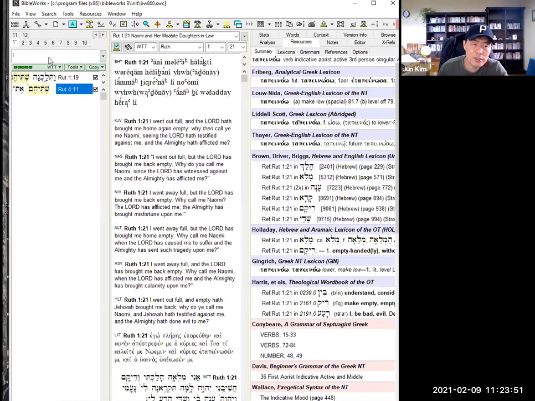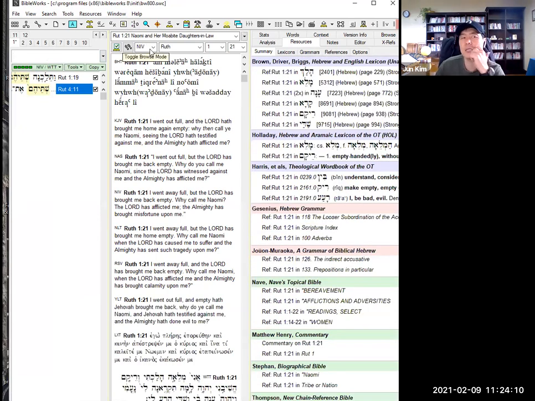If we want to change the searching version, let's say now the major platform is WTT, which is Hebrew Bible. But if we want to change to NIV, just type NIV here. Then you need to change it to NIV, which means the foundation of the searching engine is NIV.